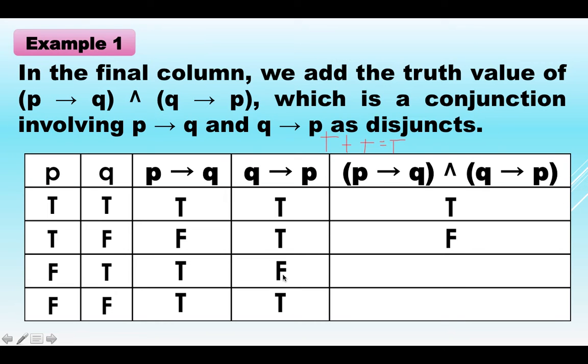May isang F, this is false. And this is both true, so true. So this is our complete truth table given the truth values for P and Q, using the rule in the conditional operators and conjunction.